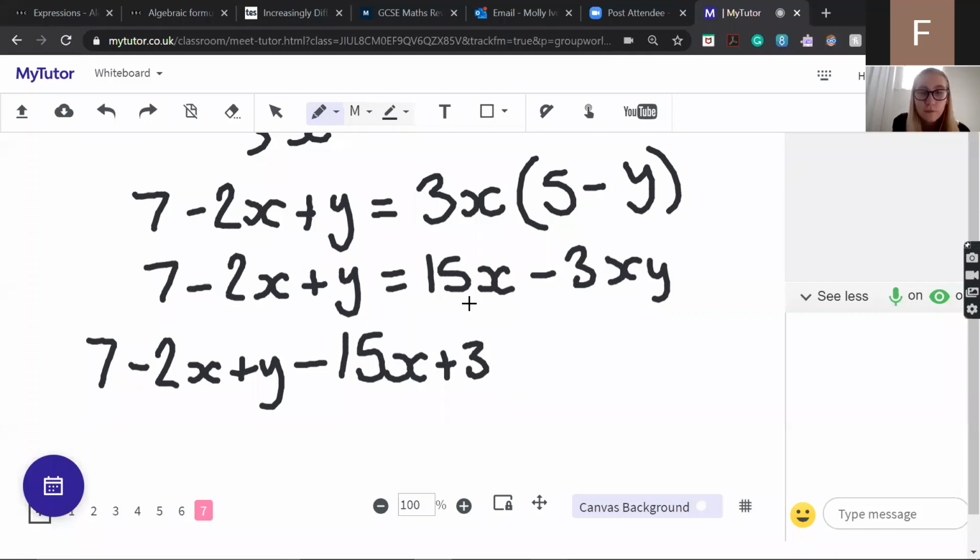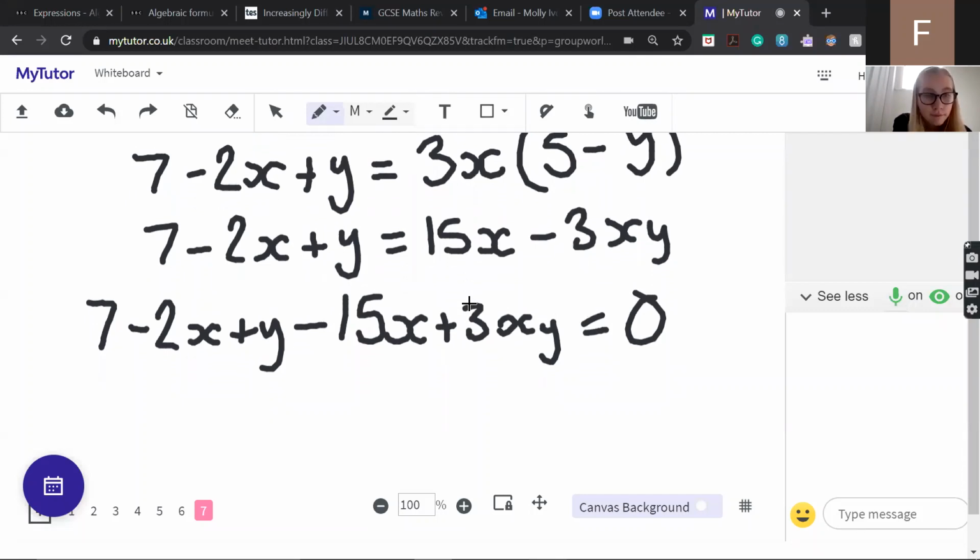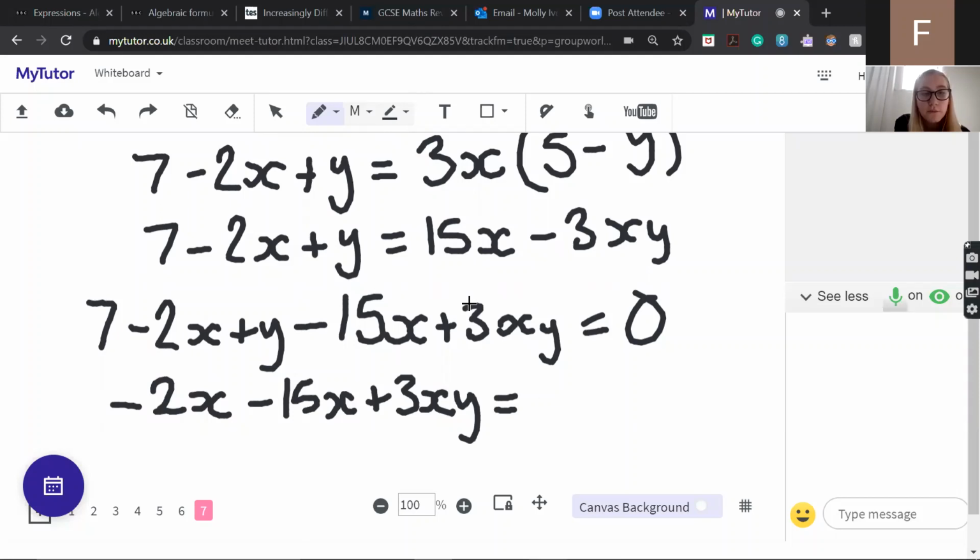And now we've got nothing on this side, but we want to send over the 7 and the y because otherwise we've got nothing. So we'll end up with minus 2x minus 15x plus 3xy is equal to minus 7 minus y.